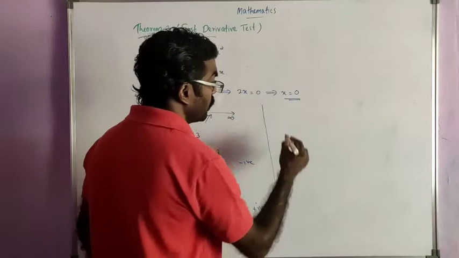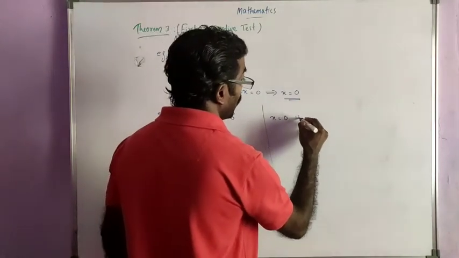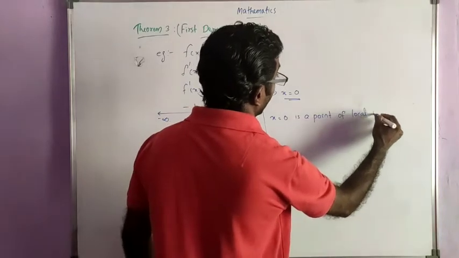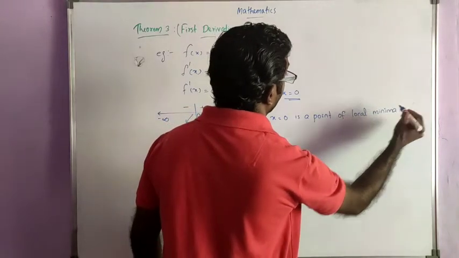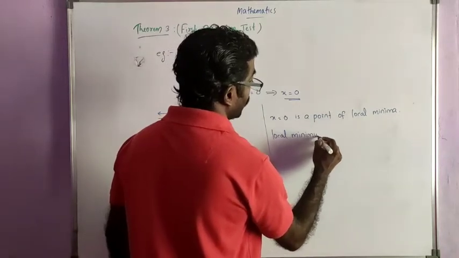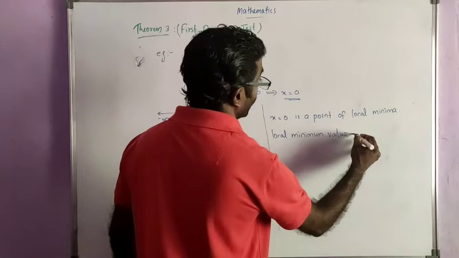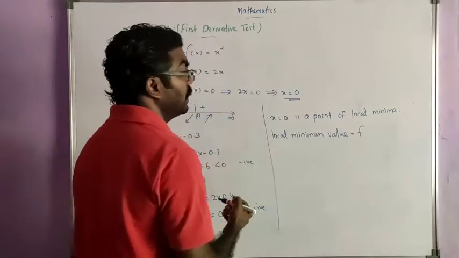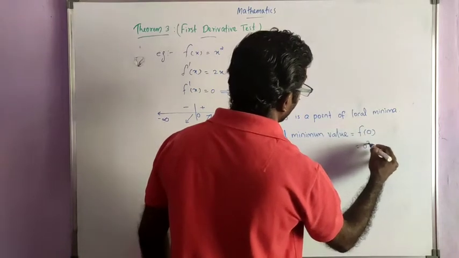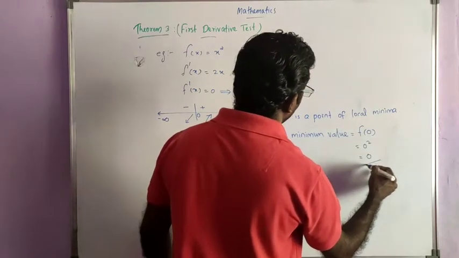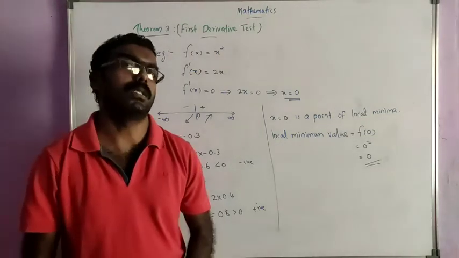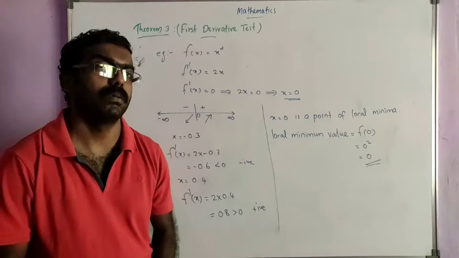So here we can write x equal to 0 is a point of local minima, and the local minimum value is given by replacing x by 0 in f of x, that is f of c. Here f of 0, 0 square, which will be equal to 0. So here the local minimum value is equal to 0. Clear?